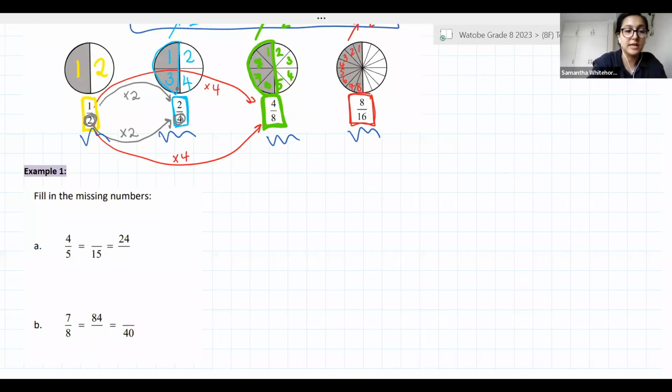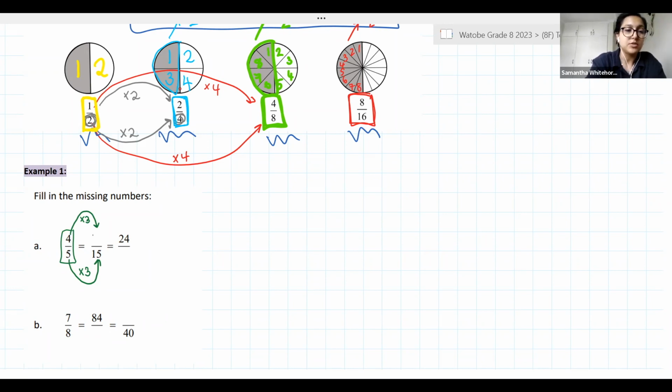So if I have a look at this first example here, I have the fraction 4 over 5, and I want an equivalent fraction that has a denominator of 15. Now I can see that if I times 5 by 3, I'm going to get 15. And so if I do the same thing on my numerator, I will get the correct numerator to make this equivalent.